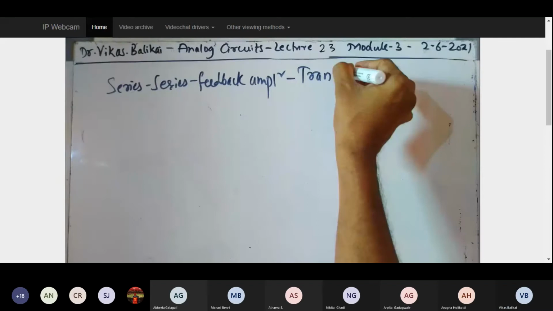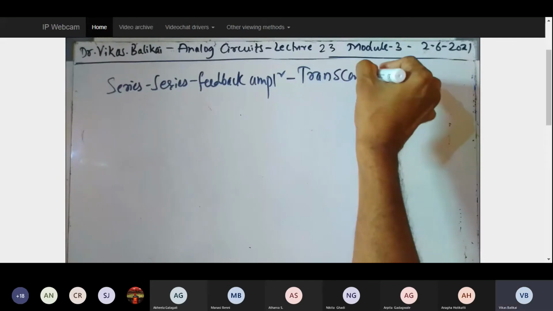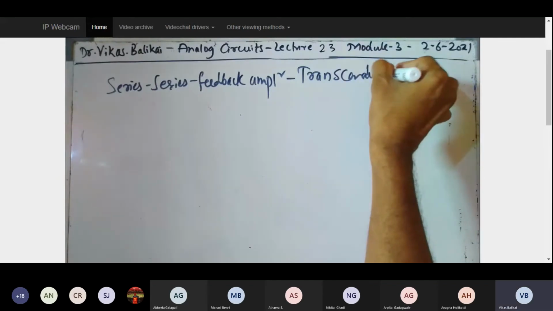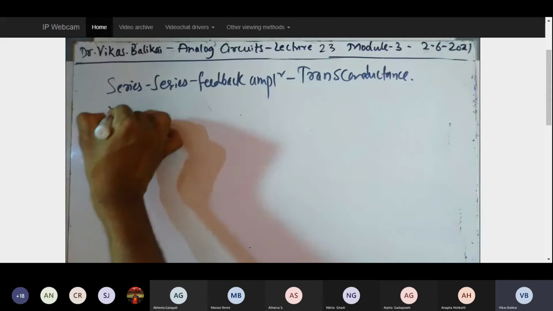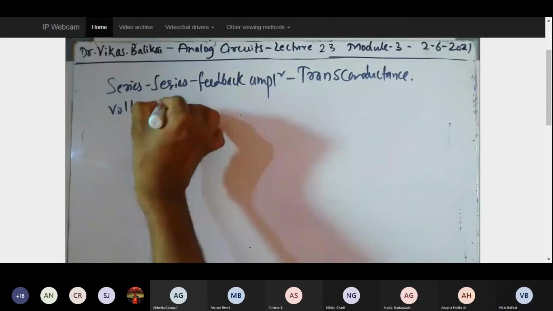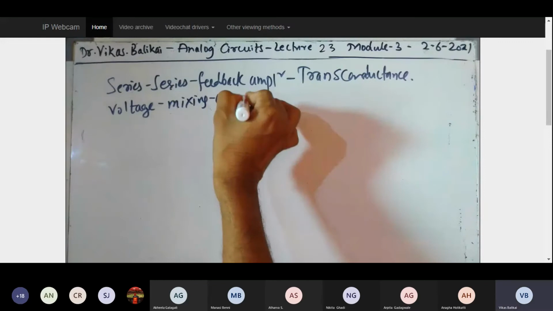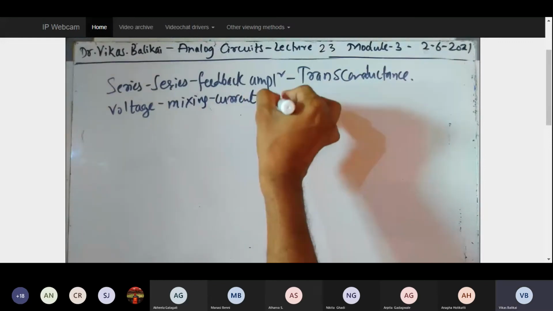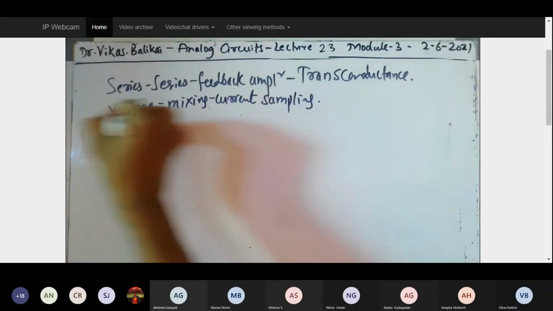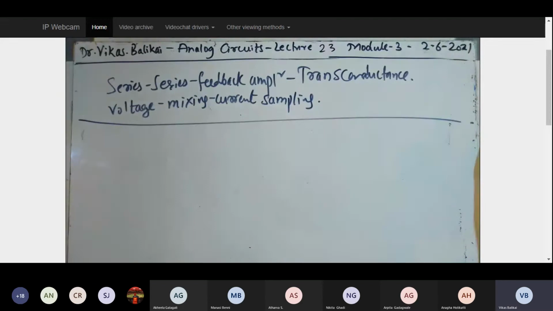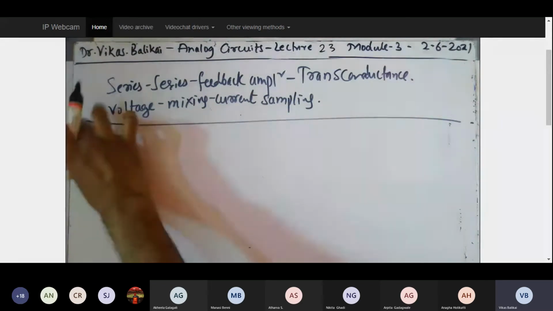I'm giving you all the names by which it is called. It is also called voltage mixing current sampling. So these are the three different names we can call it, and the structure goes something like this.